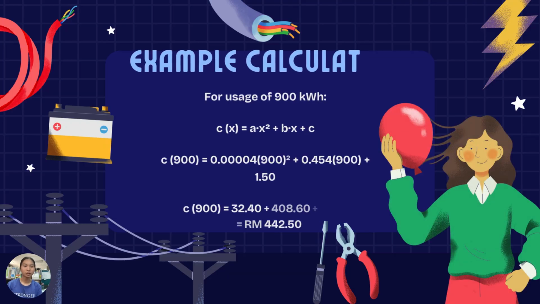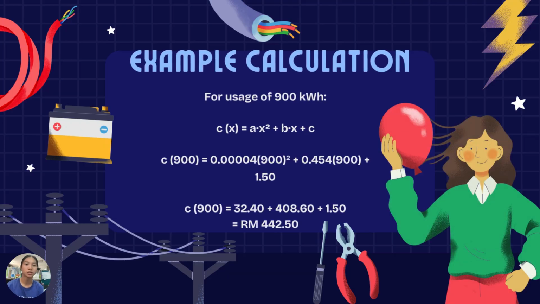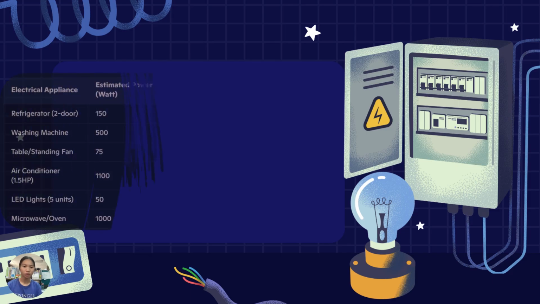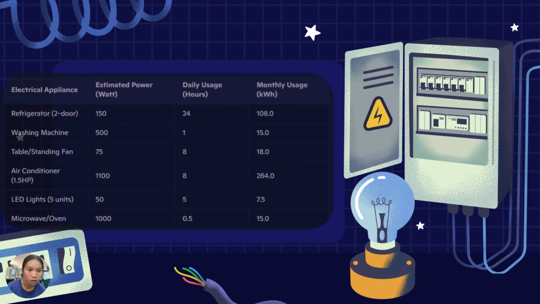This is an example calculation for a usage of 900 kilowatt-hours. Just insert the value of 900 kilowatt-hours, so the final cost is MYR 442.50. You can see the table showing how to know the kilowatt-hours you use in a day or in a month.